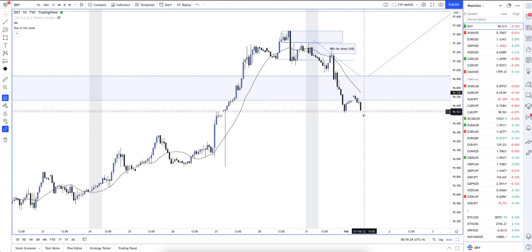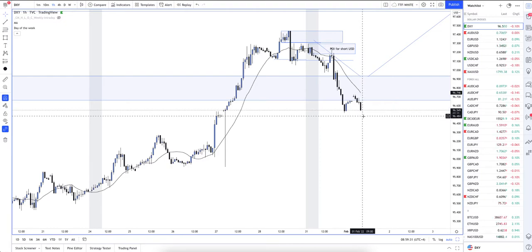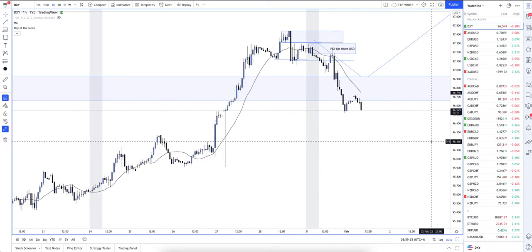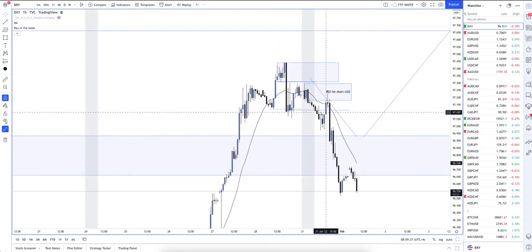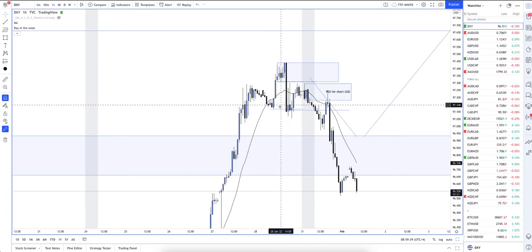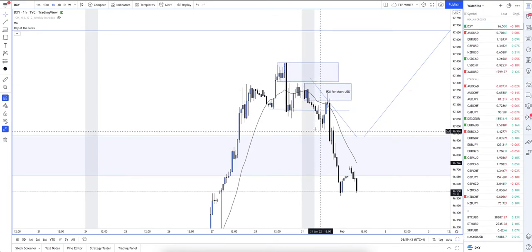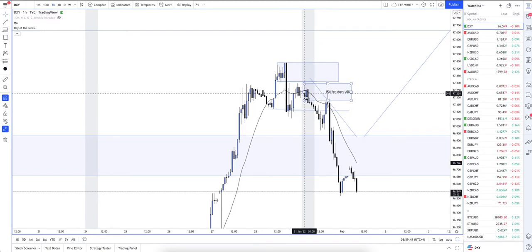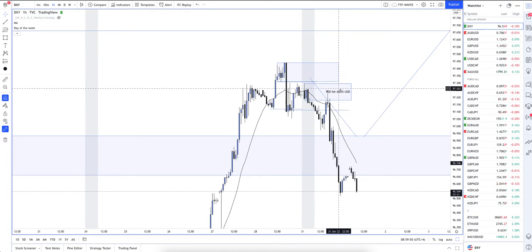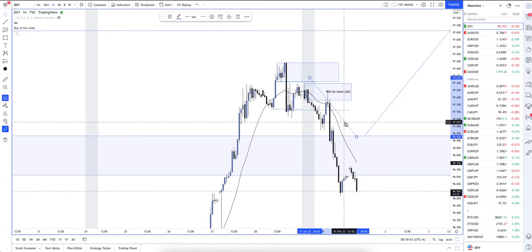We need to be patient and wait for exactly the same thing on the DXY that we want to find anywhere else. But what I did find on here was that we had broken this structure. We had come back up here, didn't quite touch that structure, but again, we'd broken structure again. So once we broke that structure again, what I did was highlight the start of that move that broke the structure, which was here, POI for short USD, okay?